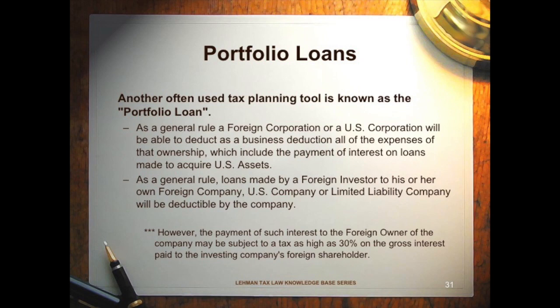Now, let me explain the portfolio loan. As a general rule, if a foreigner opened a company in the United States or made any kind of investment in the United States through a partnership or a trust, it doesn't matter.